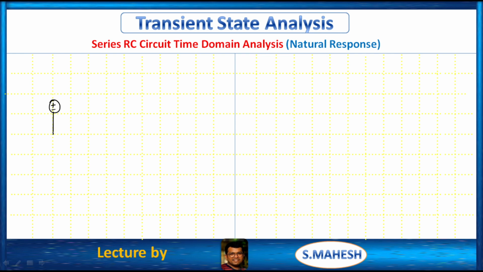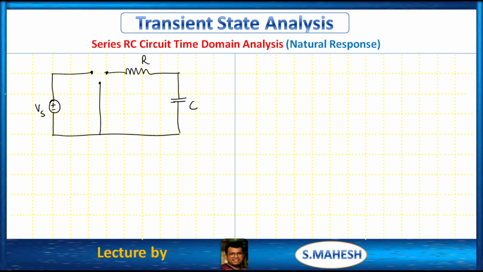Plus minus, this is Vs, this is the circuit from this what we are having. Okay, this is C, this is R. Here the position of the switch is like this, from S to S dash.